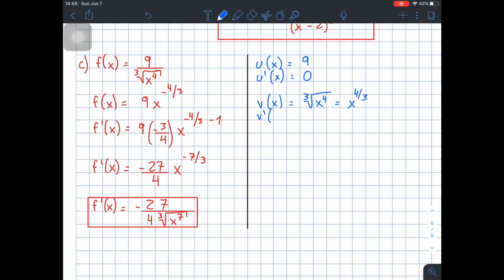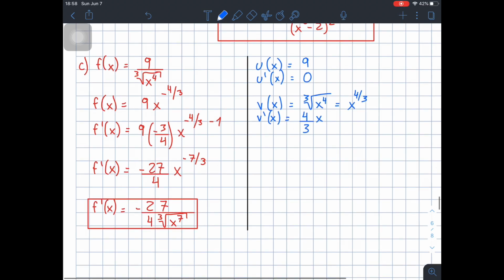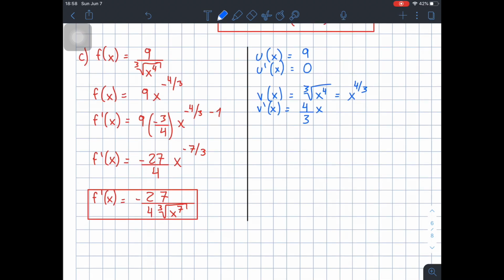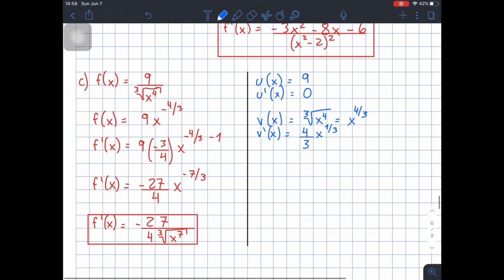So v prime of x is equal to 4/3 times x to the power of 1/3. 4/3 minus 1, yes, that's 1/3.